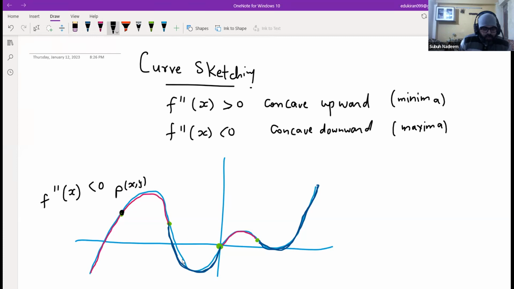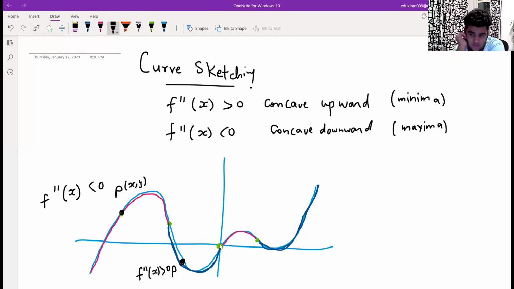And if you take any point in the region of concave upward, you observe that the double derivative is greater than 0. So this is what it is saying.